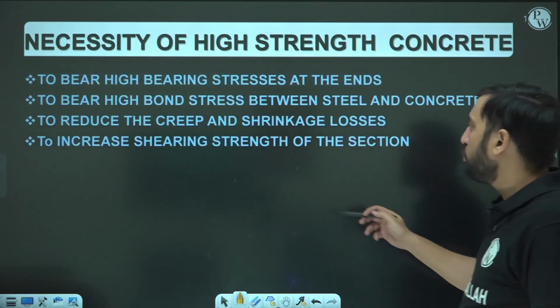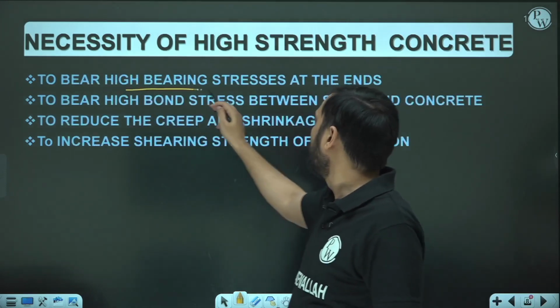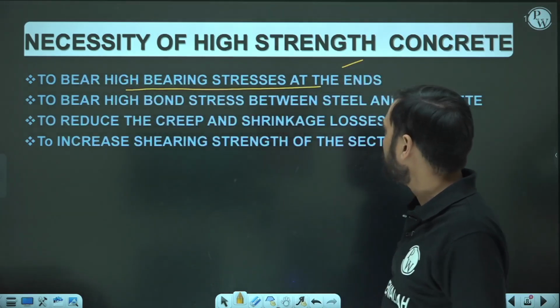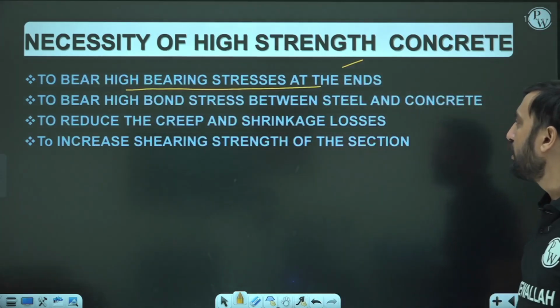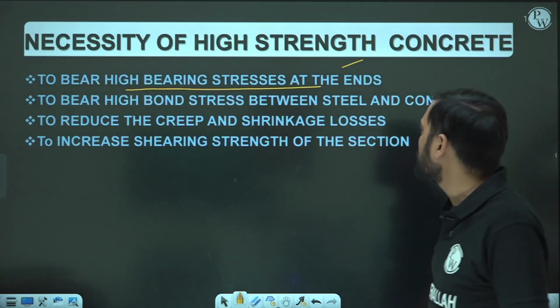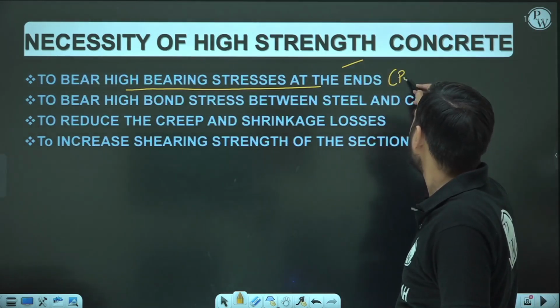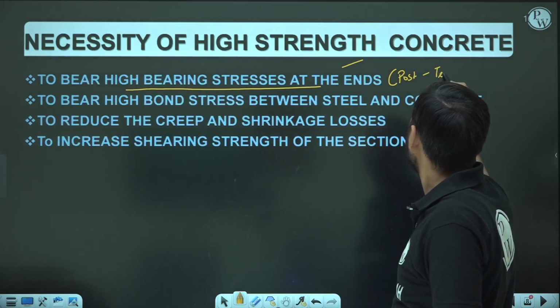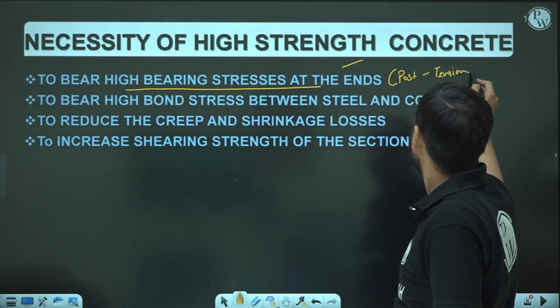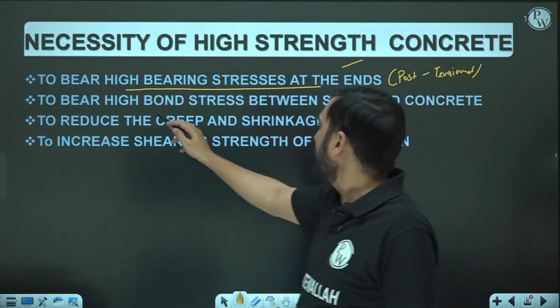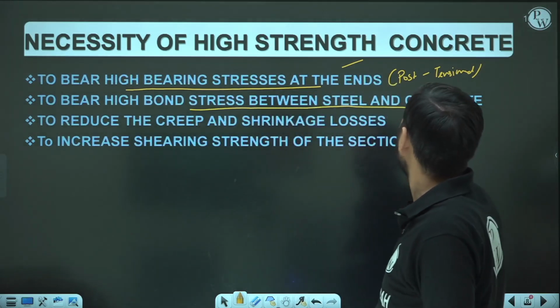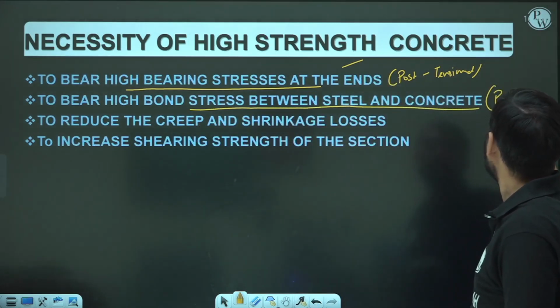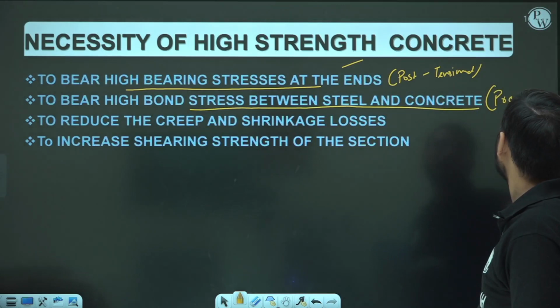Okay, so to bear high bearing stresses, we will be needing high strength concrete. Where do we need to bear high bearing stresses? Especially in post-tension. Okay, to bear high bond stresses between steel and concrete, where will it happen? Especially in pre-tension.